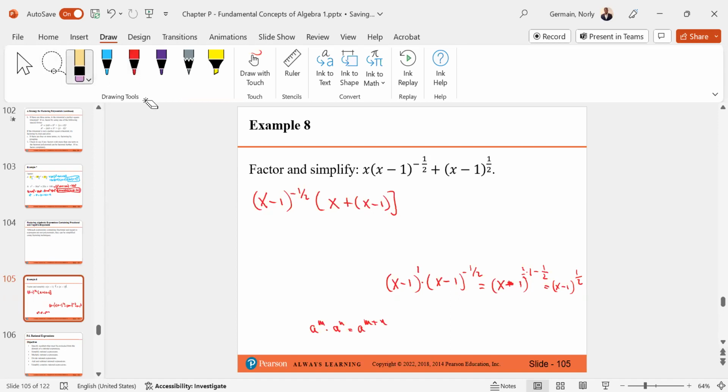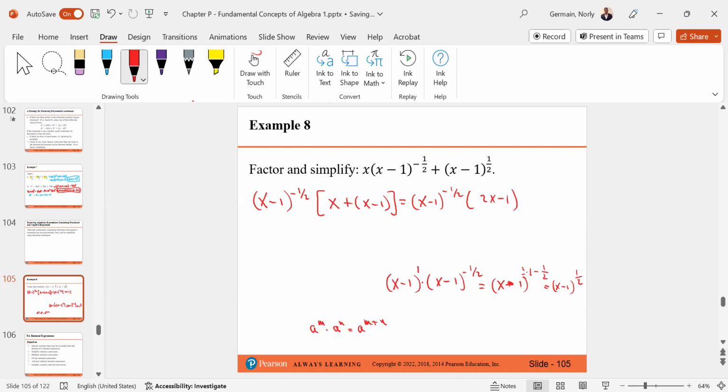Okay, that's why when I factor here, in the second parenthesis I use only x minus 1. So you'll see what happened. I have x minus 1 to the power negative 1/2 times 2x minus 1.